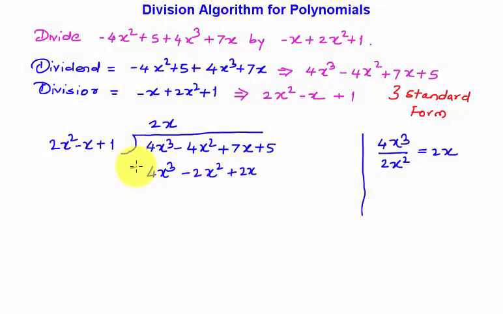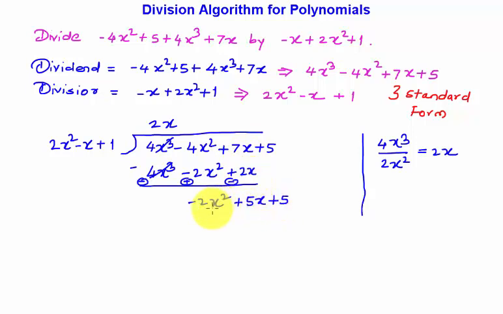Now let's subtract. So plus will become minus, then minus will become plus, plus will become minus. So 4x cube and 4x cube will get cancelled. Minus 4x square plus 2x square will be minus 2x square. Then 7x minus 2x will be plus 5x, plus 5.